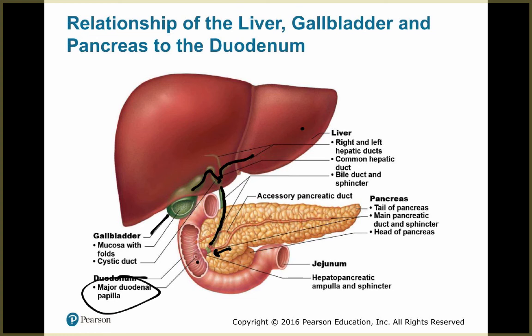And so the bulb-like area is what's known as the hepatopancreatic ampulla, and what closes it and opens it is the sphincter.